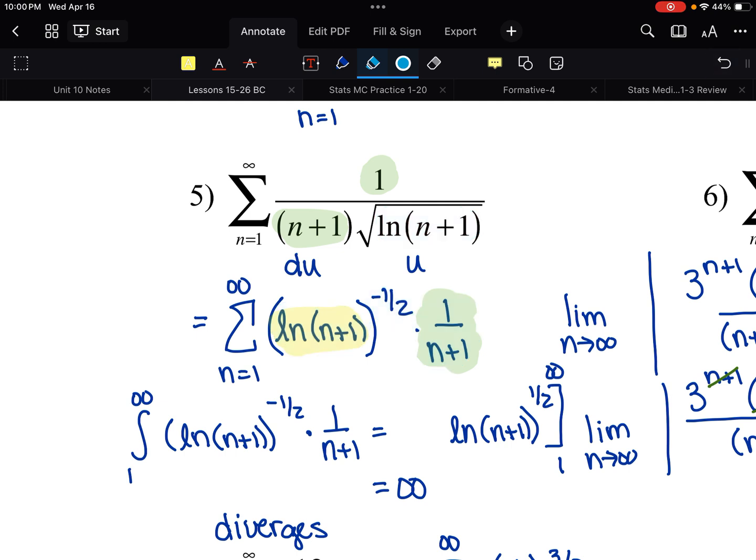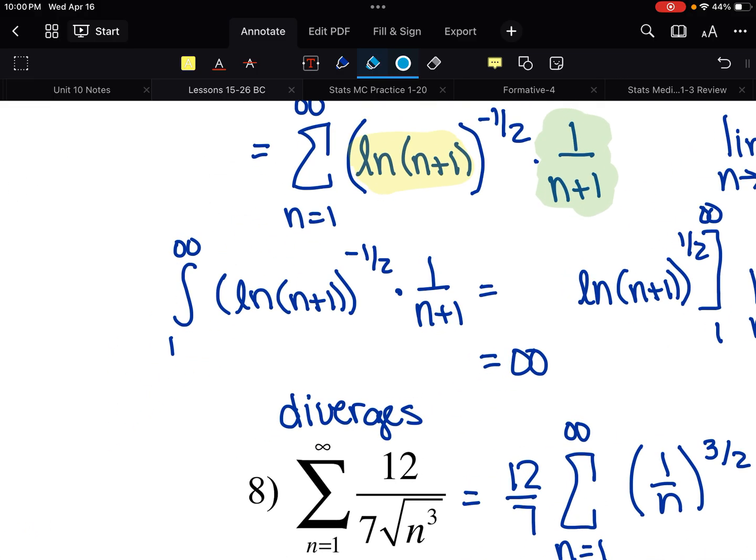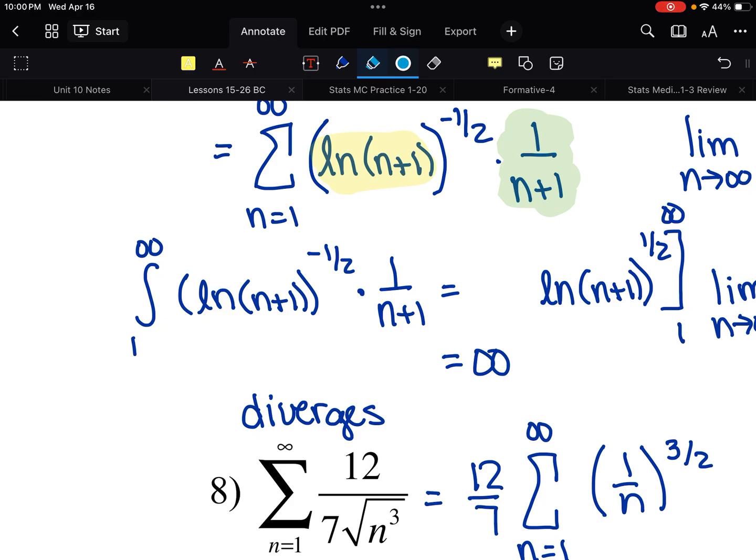That means I can do the integral of this. I can do the antiderivative. So the integral of u to the negative 1/2 du: add 1 to the exponent, divide by the new exponent. So that's going to be 2 natural log of n plus 1 to the 1/2.